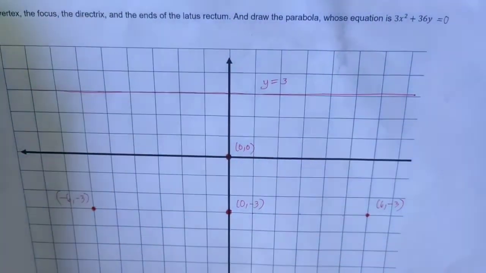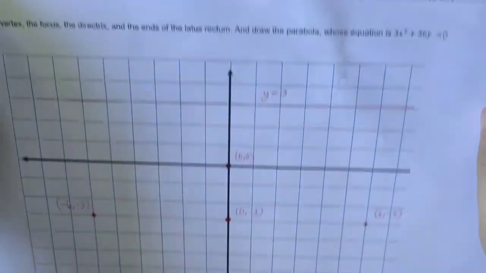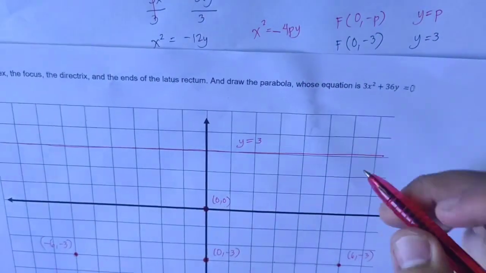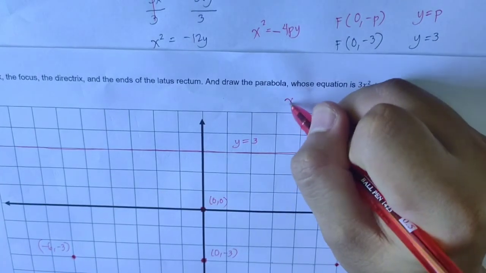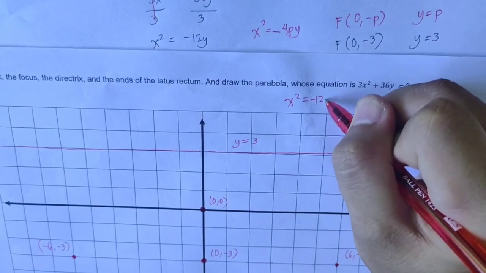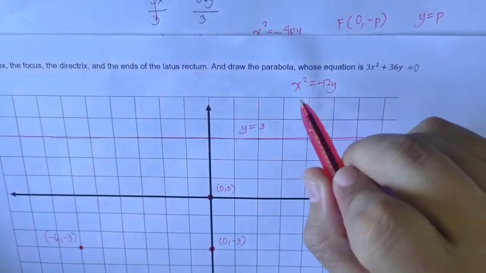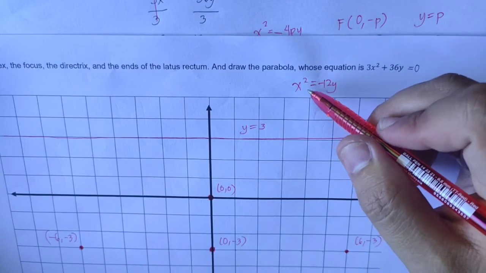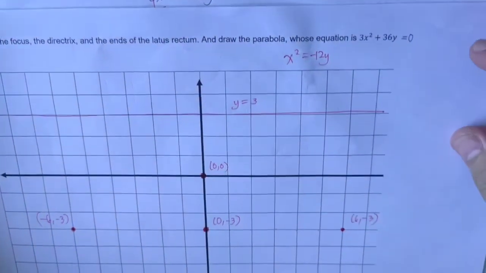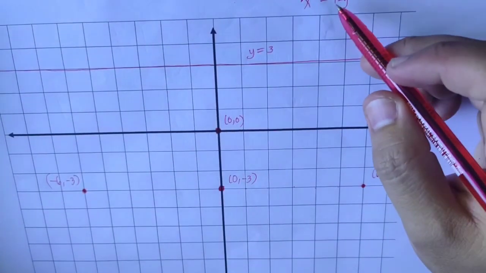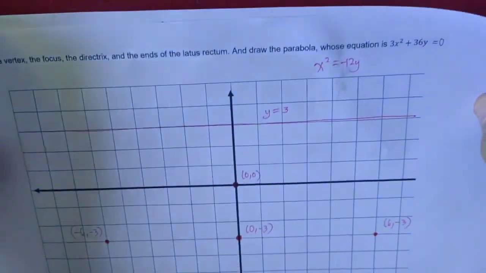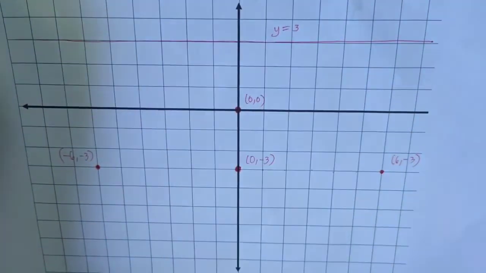So, ano yung graph natin? So, ang equation natin ay naging x squared equals negative 12y. Since x yung quadratic natin, yung graph natin either opens upward or opens downward. Pero since negative yung y natin, ito we have negative 12y, yung graph natin is open downward.